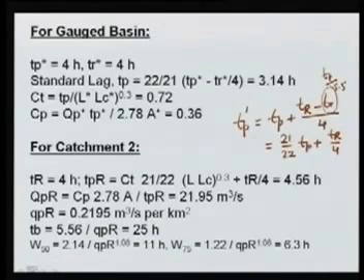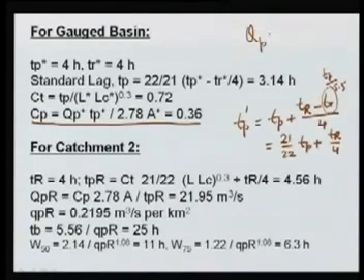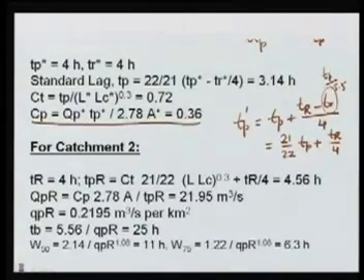The other relationship which has been used to obtain the peak discharge is given here, in which the peak discharge QP is given as CP into 2.78 A over TP. So CP is also another constant which we can obtain for the catchment 1.